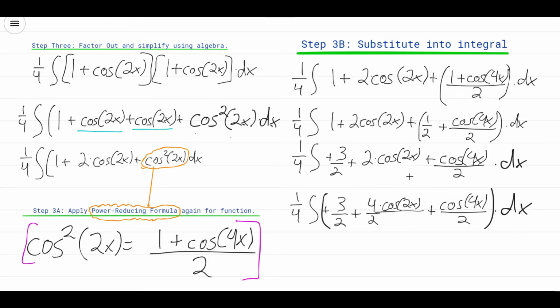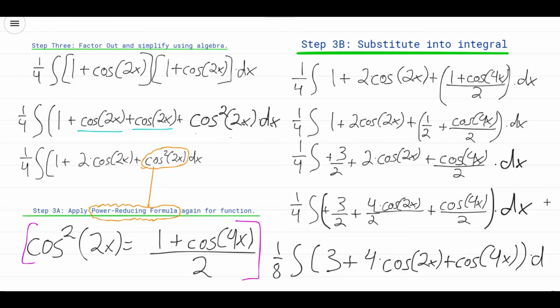It has a denominator of 1. So all I did was multiply the top and bottom by 2 over 2, and now they all have a common denominator of 2, which we can factor out. So we're left with 1 over 8, the integral of 3 plus 4 cosine 2x plus cosine of 4x times dx. So that's why I like to have common denominators, so that way I can factor them out.